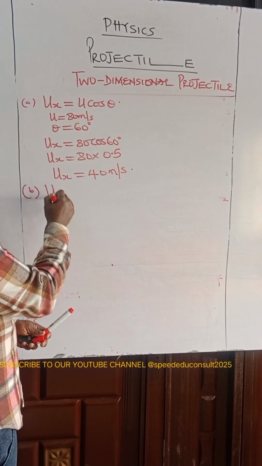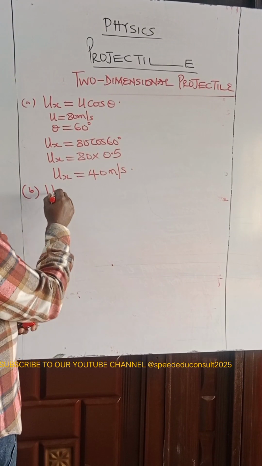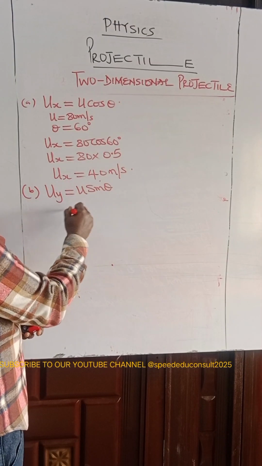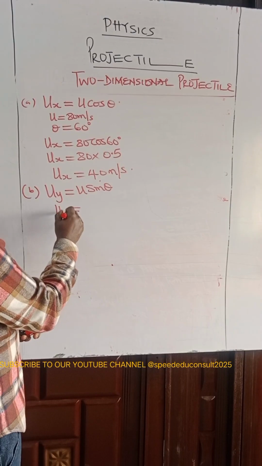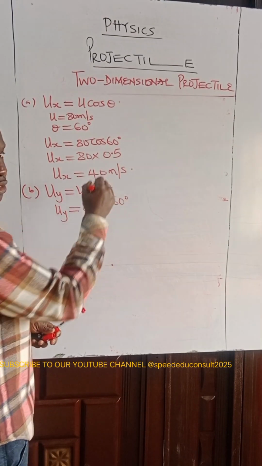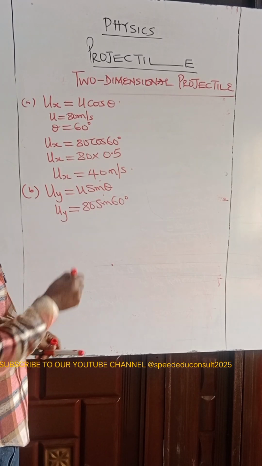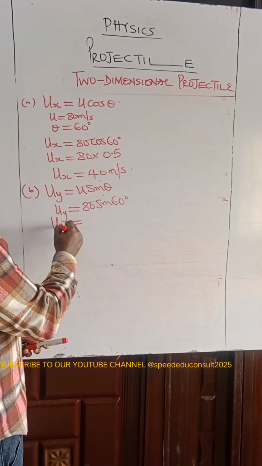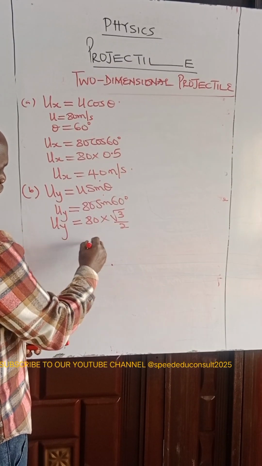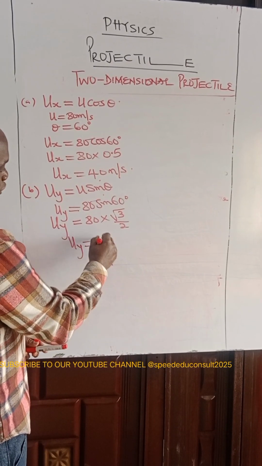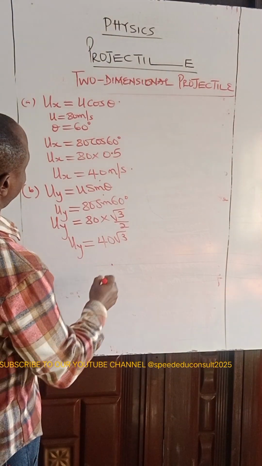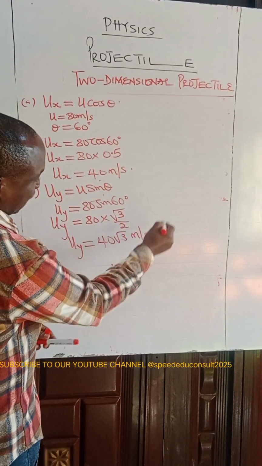B, vertical, uy is equal to u sine theta. This will give you 80 sine 60 degrees. This will give you 80 times root 3 divided by 2. This will give you 40 root 3 meter per second. That is example 1.